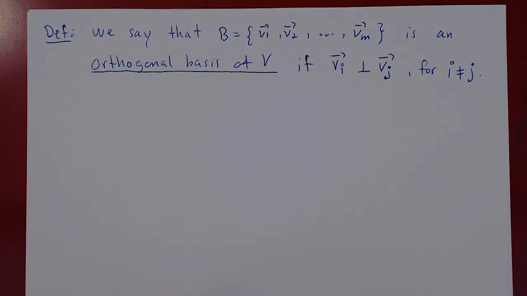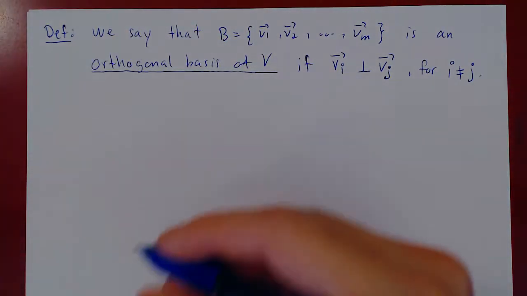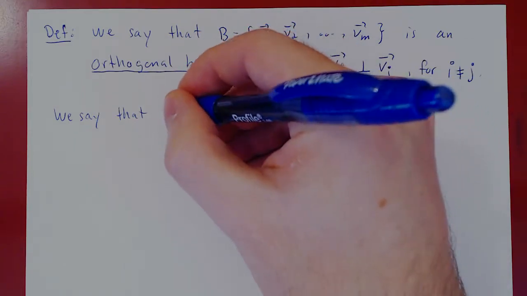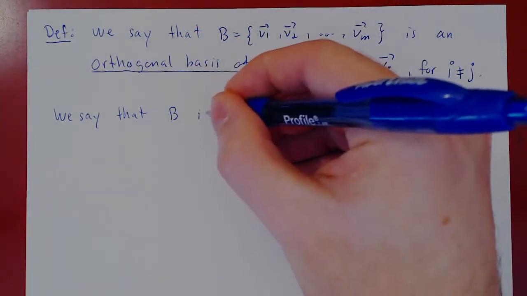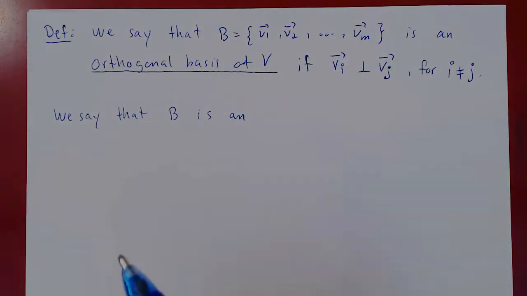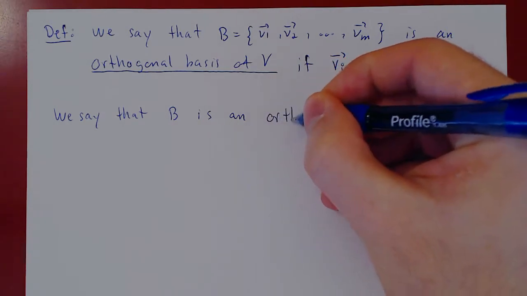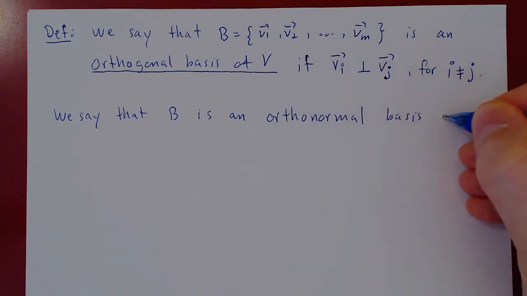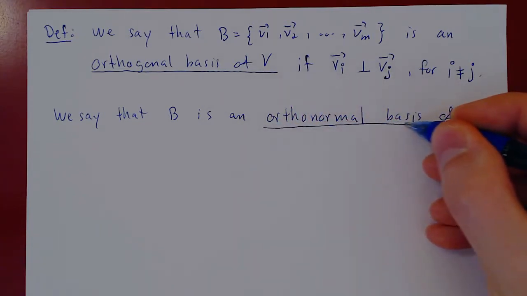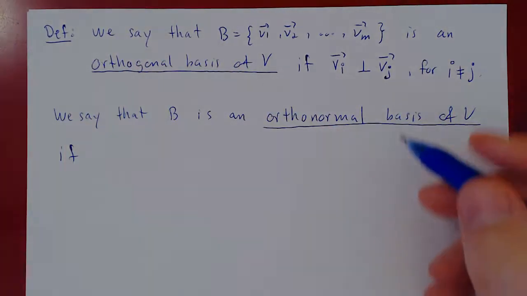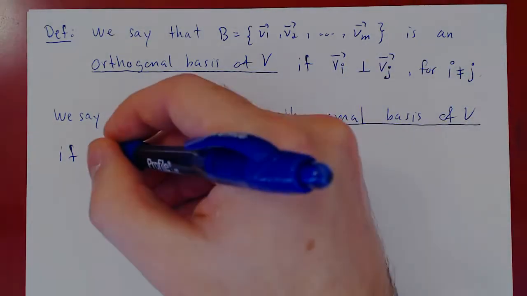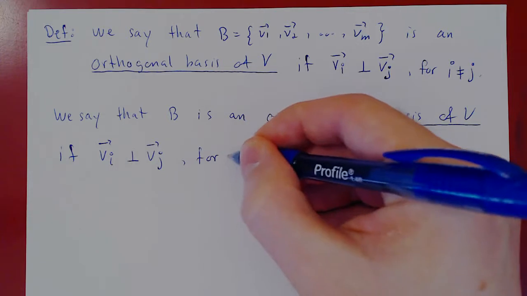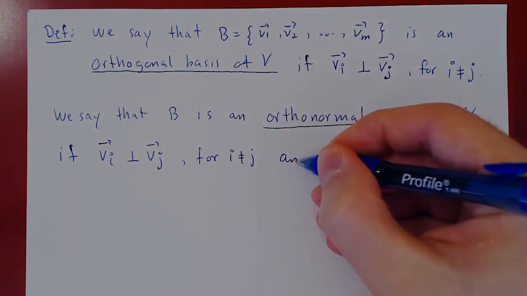One other definition, this one very simple. We say that B, same as before, is orthonormal, and now we'll replace orthogonal by orthonormal, if not only are the vectors perpendicular to each other, so the vectors in the basis are pairwise orthogonal, but there is something more.